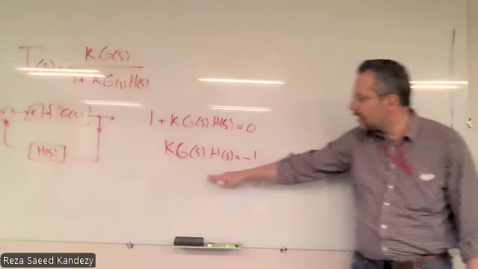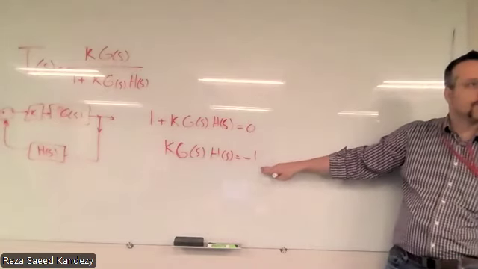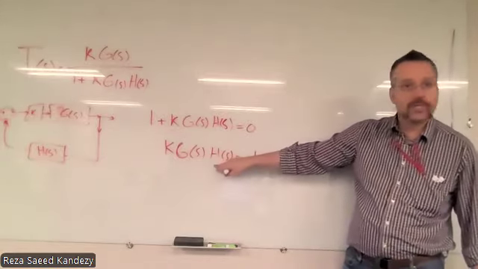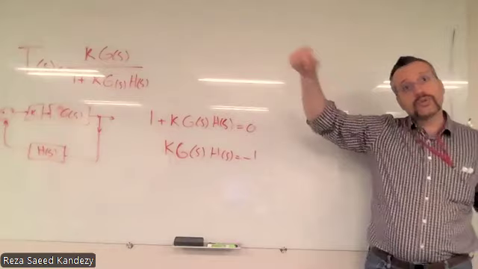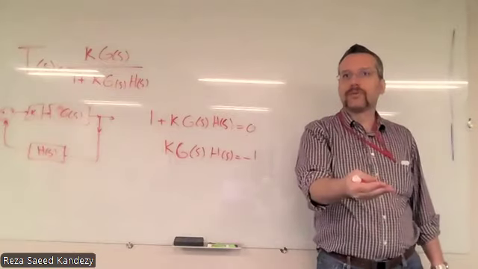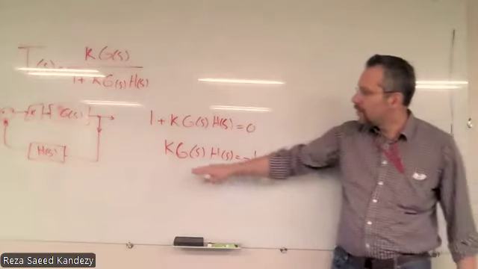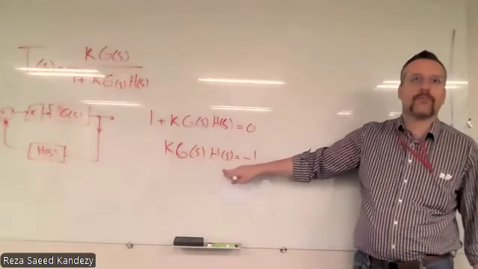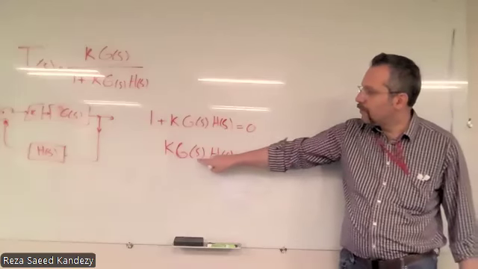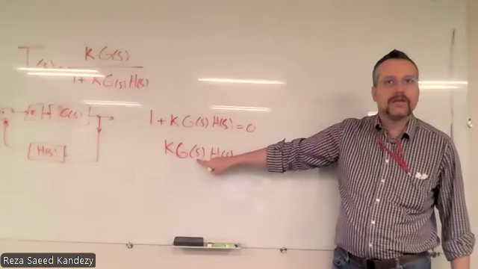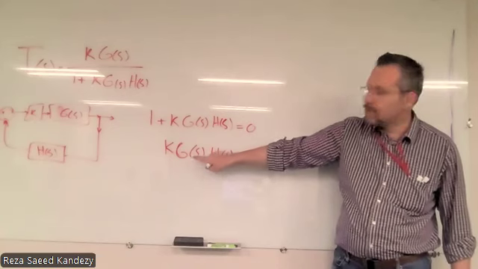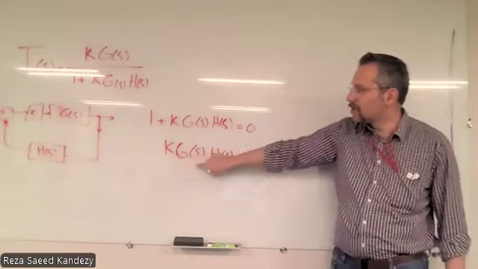Now, when you look at this K, G, H, on those specific S's, which are basically our poles, this is going to be a complex number. Are we good?